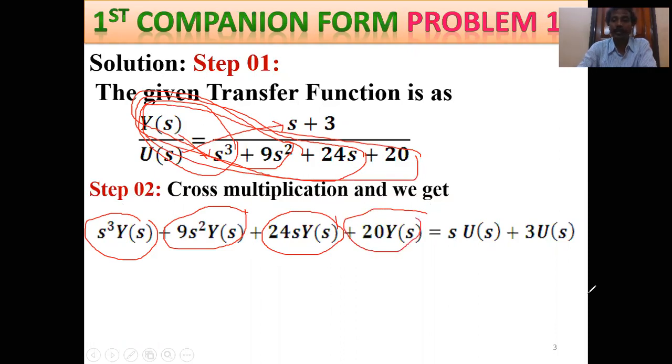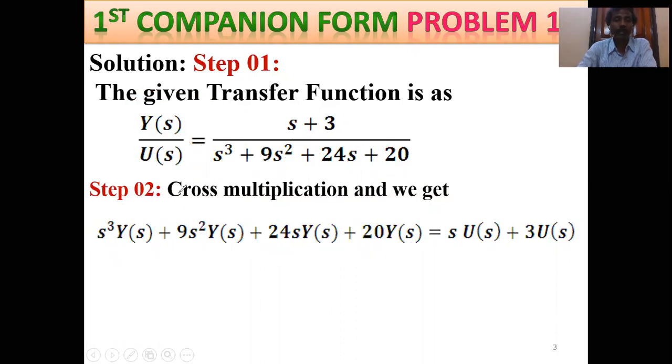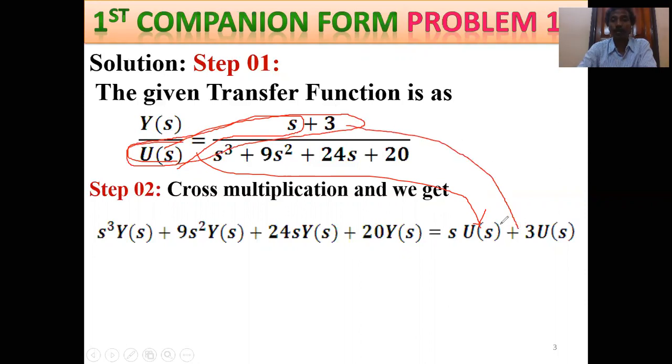And U(s) into s, this is s into U(s). And U(s) into 3, this is 3 into U(s). So cross multiplication is complete.